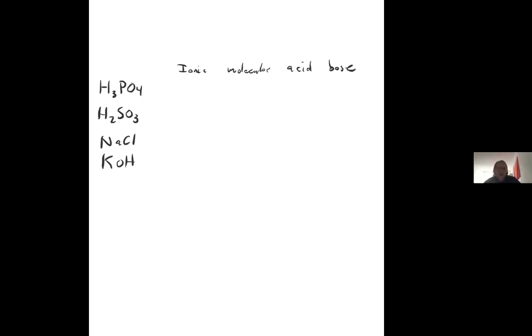Now, acids are considered molecular compounds because hydrogen is not considered a metal. So if it's an acid, it's a molecular compound.